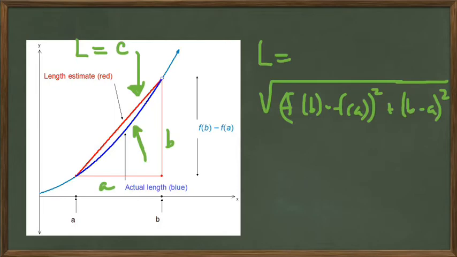However, what we really want to find is not this red hypotenuse, but this blue length along the curve. If we call that blue length along the curve script L, then this regular L is going to be an approximation for what we want to find. So how do we make that approximation better? Well, we make the distance between A and B smaller. So let's see how that looks if we make the distance between A and B half what it is in this case.